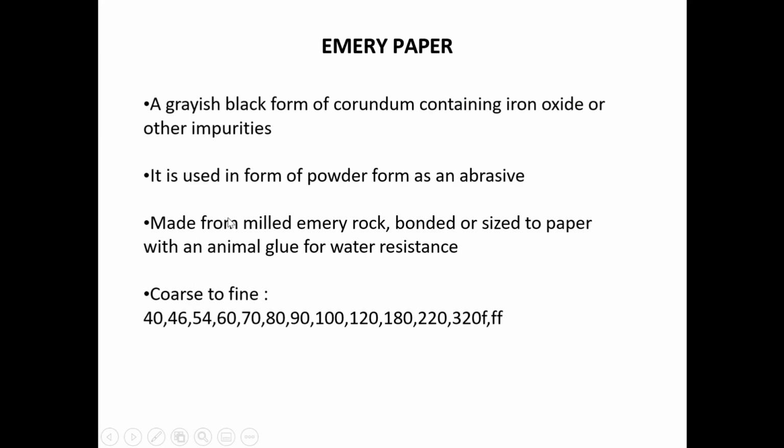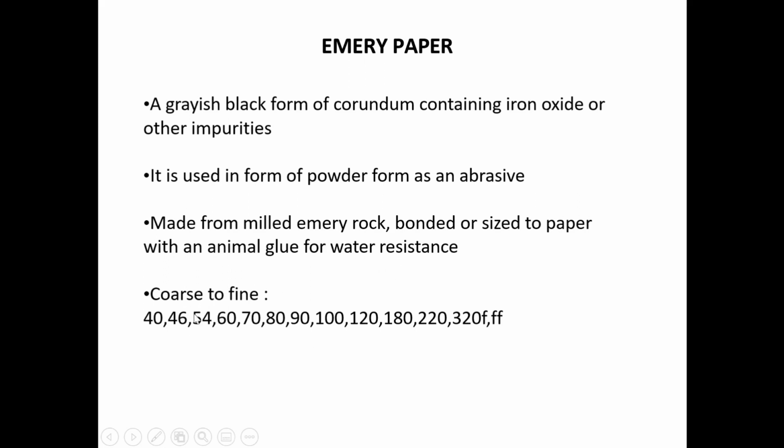So, emery paper, which is a grayish black form of corundum containing iron oxide or other impurities, is used in powder form as an abrasive made from milled emery rock, bonded or sized to paper with an enamel glue for water resistance.